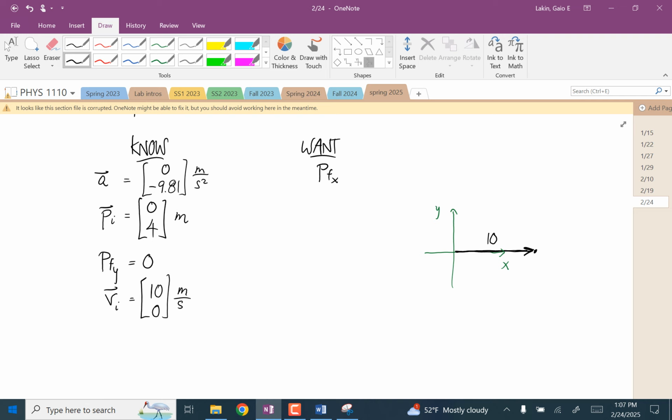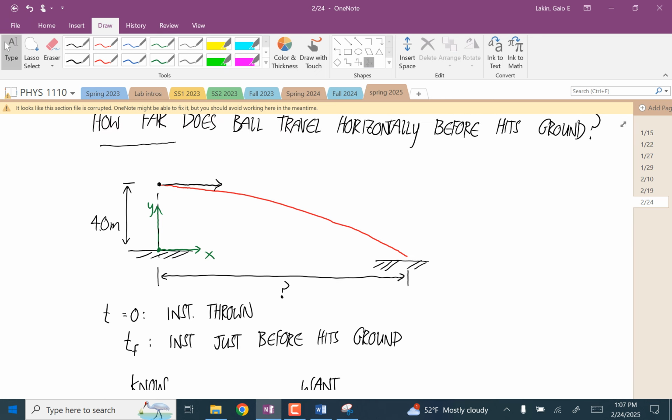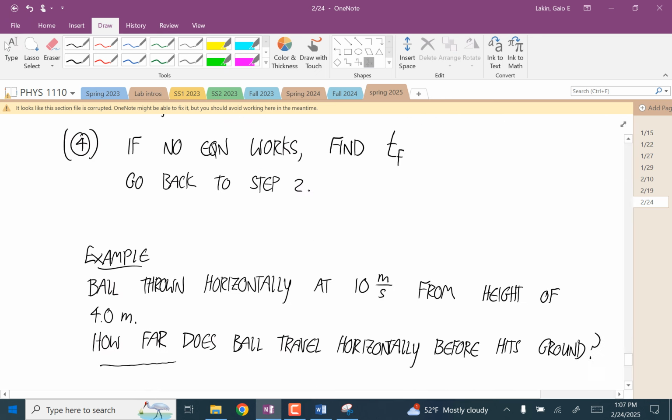Okay, so now the question is, do any of those 6 equations that I gave you solve for PFX given this stuff? Well, if we're trying to solve for something with an x component, it has to be one of these 3 x equations. So we've immediately eliminated 3 of them right off the bat.